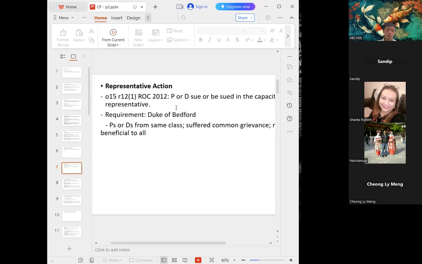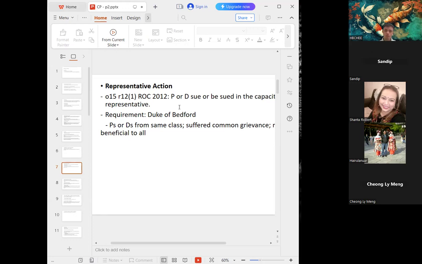Let's say this is an example. Let's say today we are a group of persons, and then we are going to sue a person. In case you all don't want your name to appear, or you don't want to appear in court to give testimony, I may use my name as Keith Tan, bringing this action in the capacity of a representative against blah blah blah.